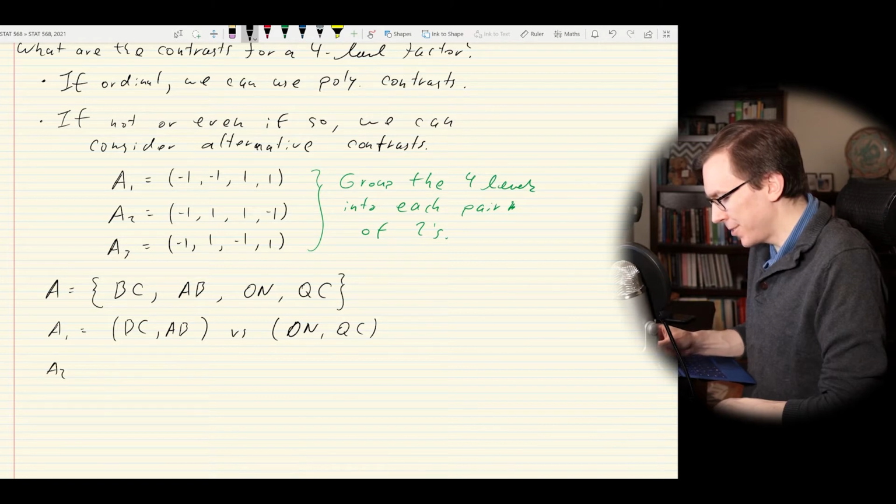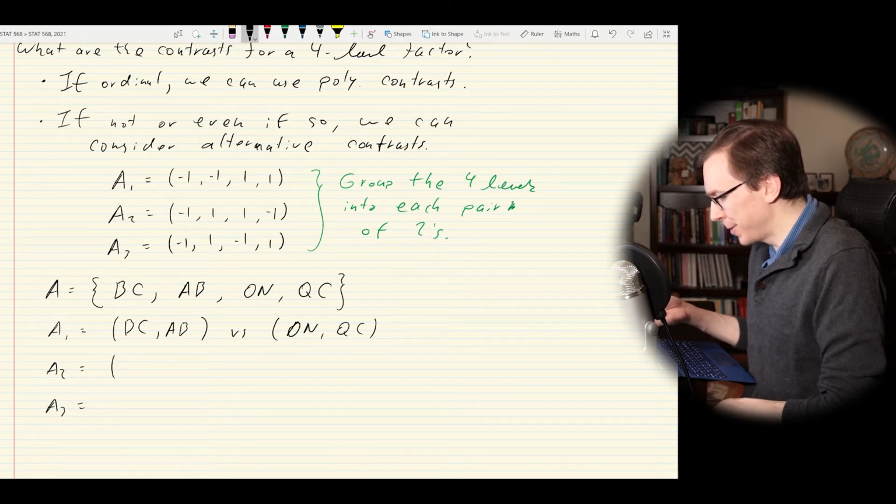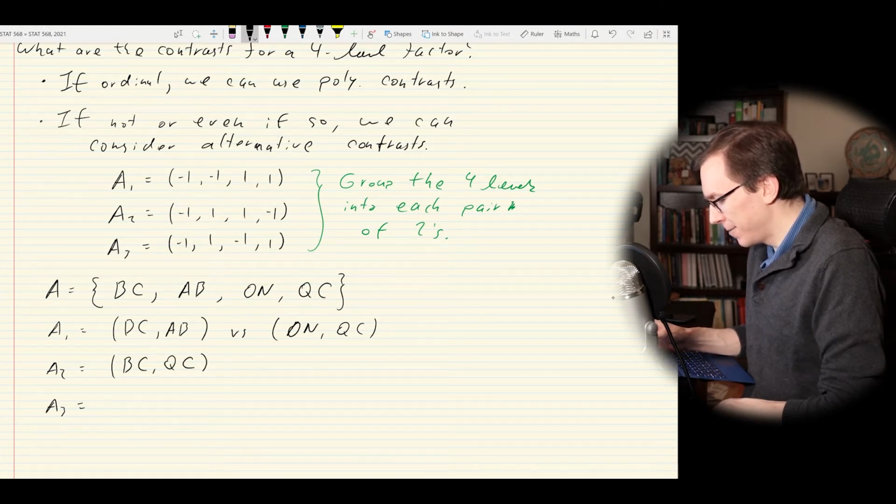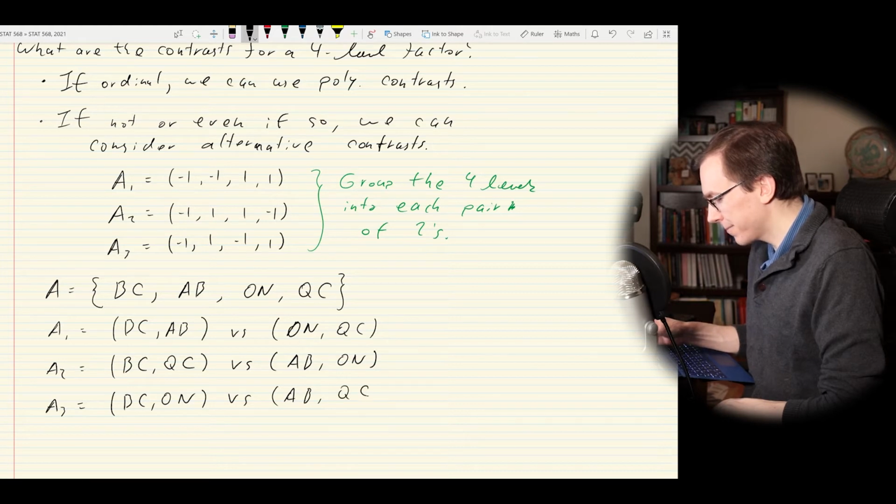A2 and A3 similarly would pair up the provinces differently. A2 would be BC and Quebec versus Alberta and Ontario, and A3 would be BC and Ontario versus Alberta and Quebec.